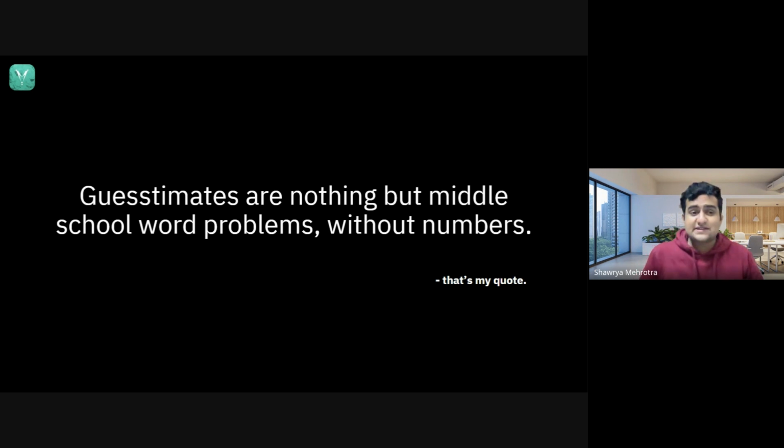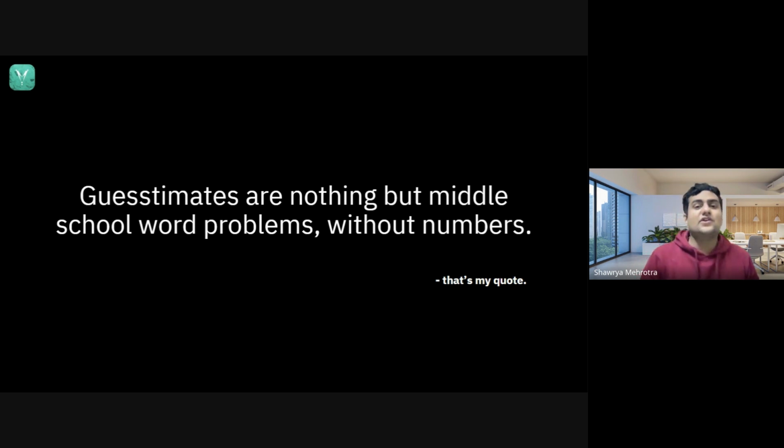The only difference is that back in school, they used to give us the exact dimensions. Here, we are trying to input the dimensions depending upon the context of the question and the real world, per se. And that's exactly how most guesstimate questions are going to look.